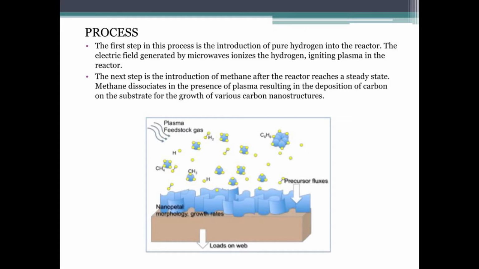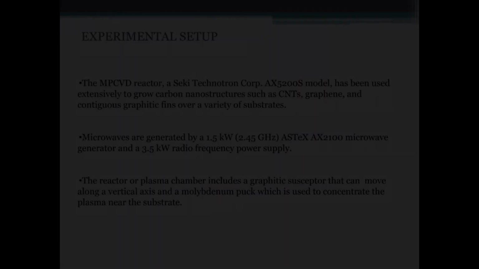Methane dissociates in the presence of plasma, resulting in the deposition of carbon on the substrate for the growth of various carbon nanostructures. The growth rate and quality of the carbon nanostructure depend on the number density of atomic hydrogen and the concentration of certain precursors at the surface of the substrate, which in turn depend on the operating conditions.